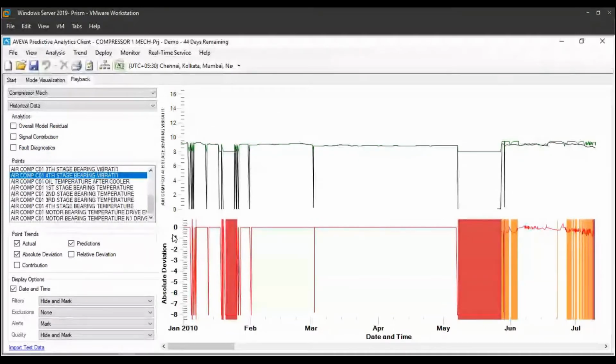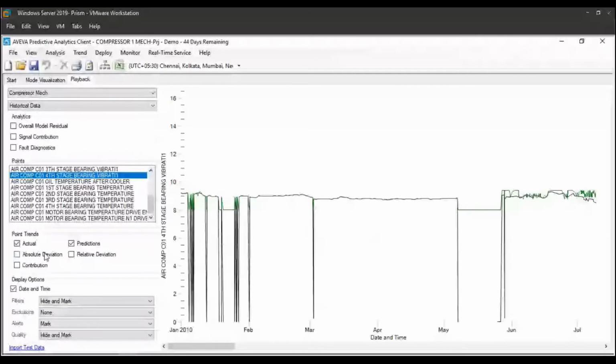The values of the deviations that you're seeing right now in the lower part of the graph tell me how much the value of that particular variable is deviating from the normal. So this is what absolute deviation is. And when we calculate the same thing using percentages, we call that a relative deviation.